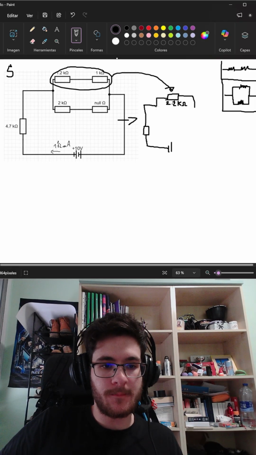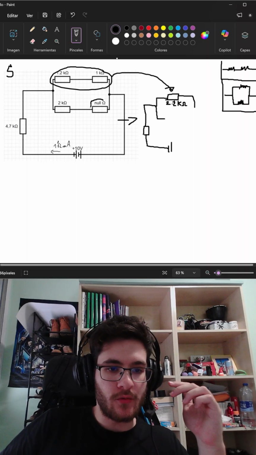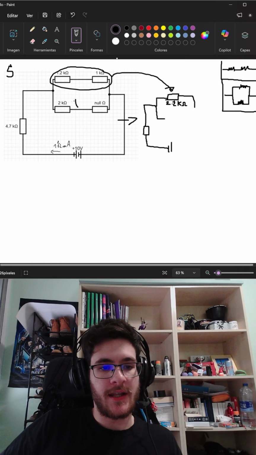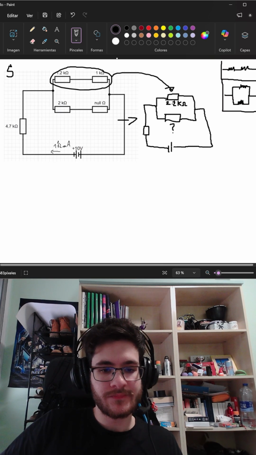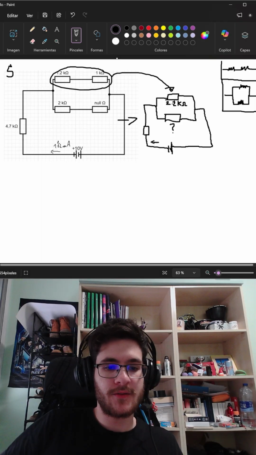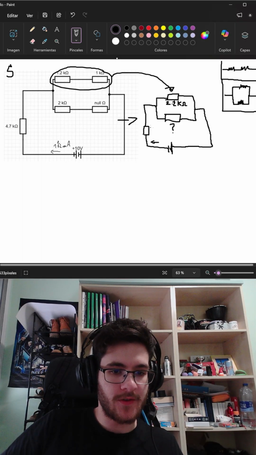And the bottom one? What's the problem with the bottom one? We don't know this one, so we can't add it. So we don't know the value of the bottom resistance, so we put it as unknown. And then we know the intensity, we know the voltage, and this one is 4.7.